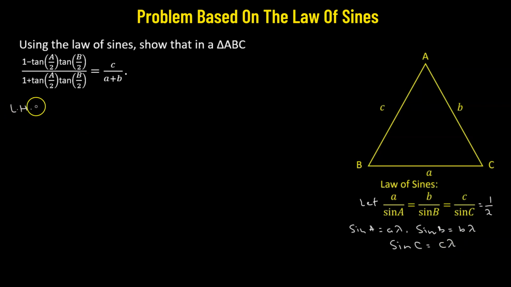On the left hand side, we are given 1 minus tangent of A over 2 times tangent of B over 2, divided by 1 plus tangent of A over 2 times tangent of B over 2. So what we'll do, we're going to multiply both numerator and the denominator with cosine of A over 2 times cosine of B over 2. So let's do that.